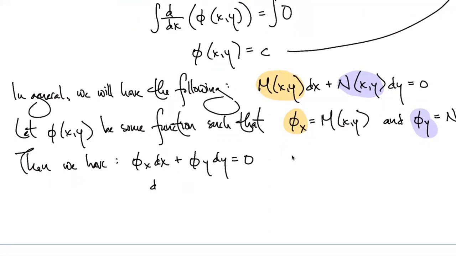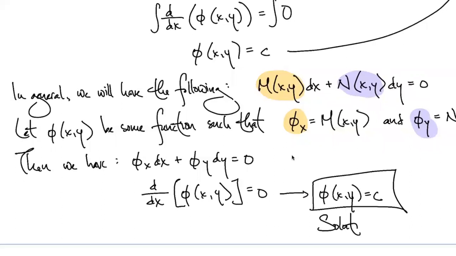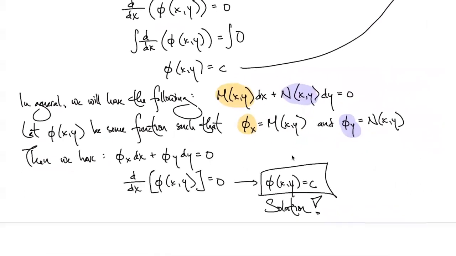And we'll get d dx of phi of xy equals 0. When we integrate both sides, we'll get phi of xy equals c, and this will be our solution. Okay. Now let me zoom out here for a moment in case you want to stop the video. You can see that page.